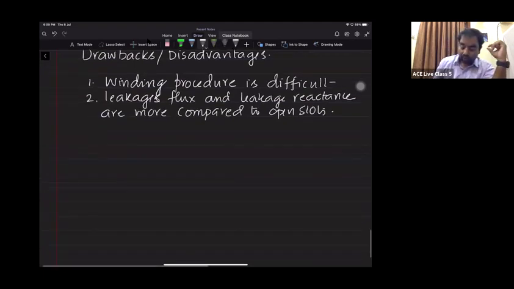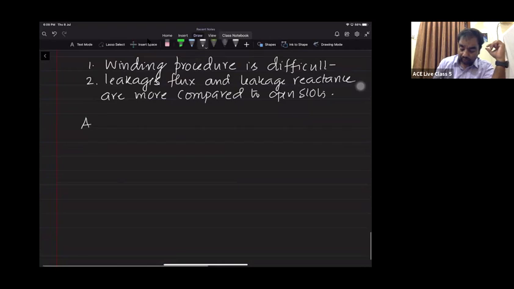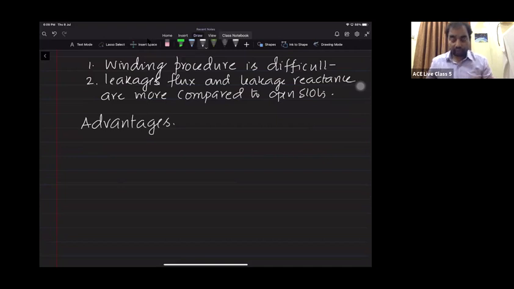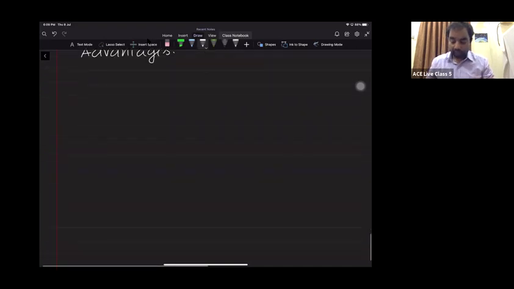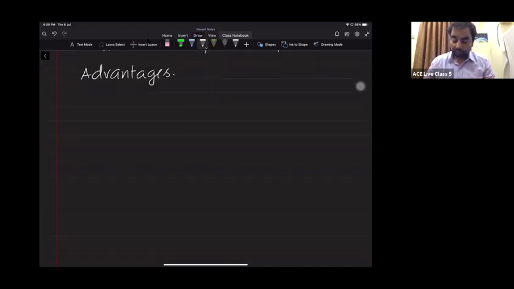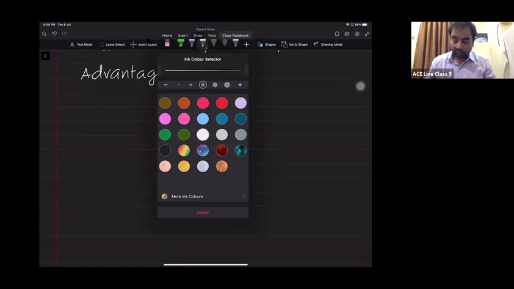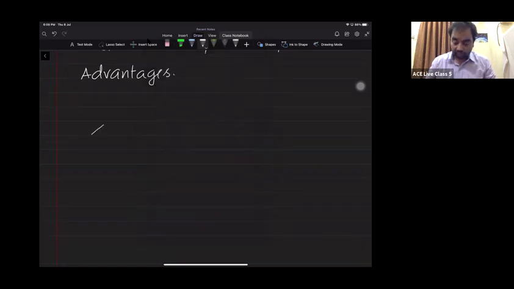Right. Then what are the advantages we are having? So let us see the advantages. First advantage is, see, in open slots, let me explain. We are trying to discuss everything in detail. If I'm taking open slots like this, you can see the air gap is non-uniform.